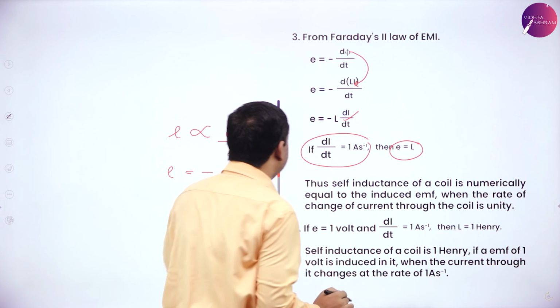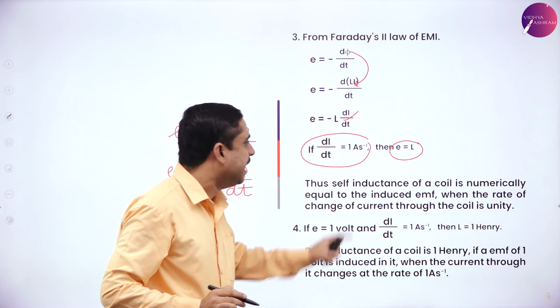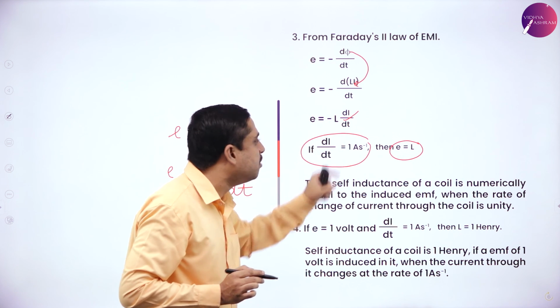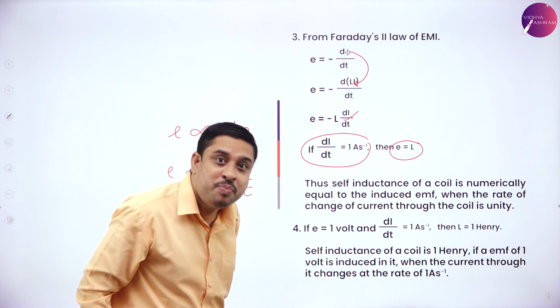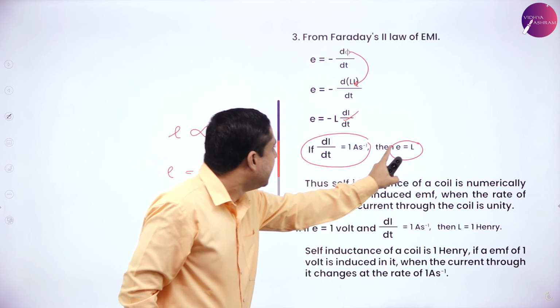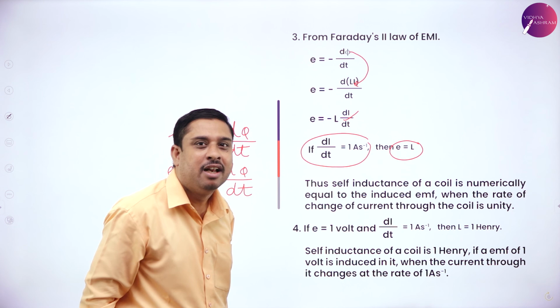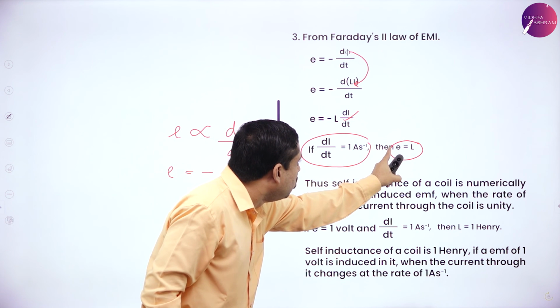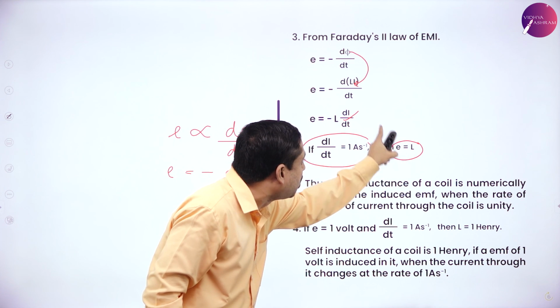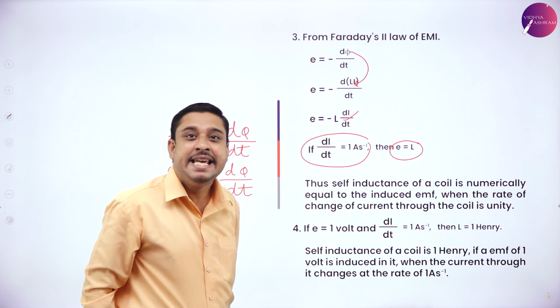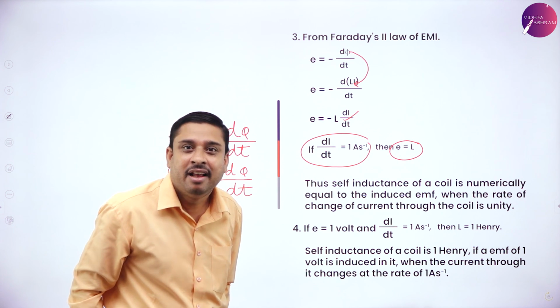Then E becomes equal to L, di by dt being unity. So E becomes equal to L, which means the self-inductance of a coil is numerically equal to the induced EMF. E equals L.